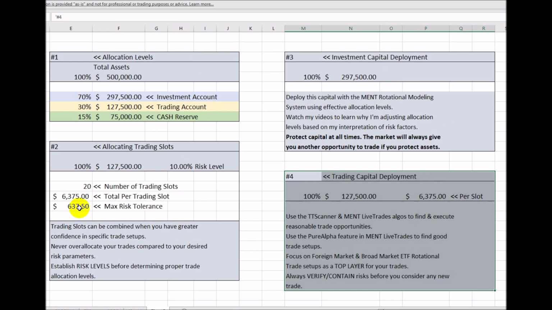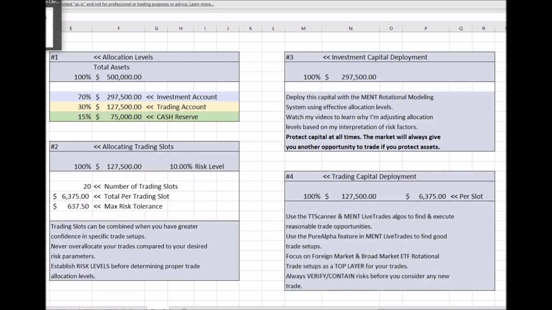And you need to understand that given your total account, you have 20 total trading slots, that $600 loss off a $127,000 trading account is really going to break down to 10% risk off of 20. So that would be 0.25% loss, a 1/4% trading loss.